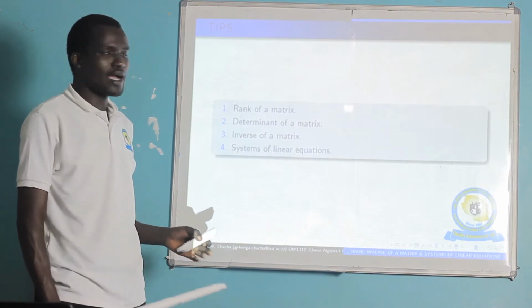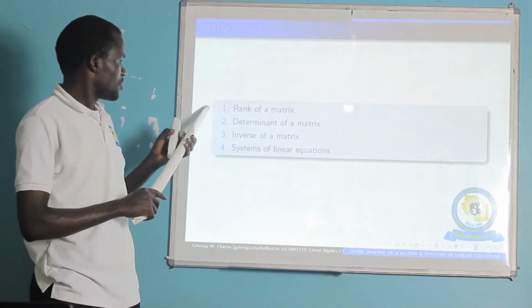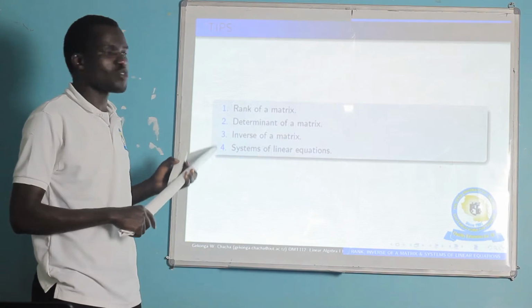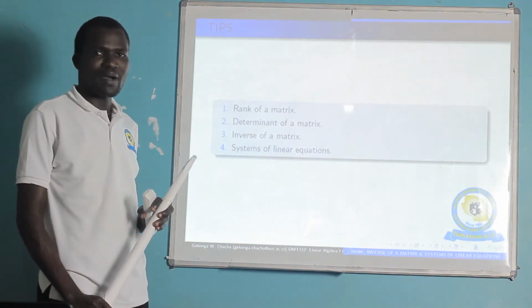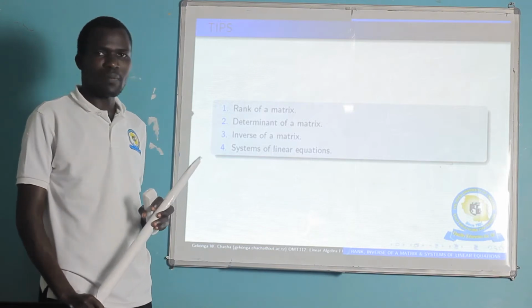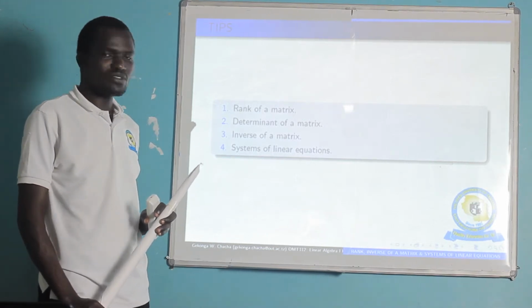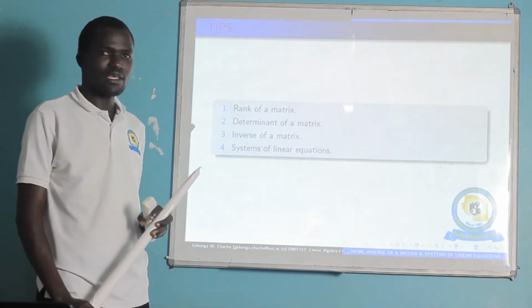So, we are going to see these four subtopics: rank of a matrix, determinant of a matrix, inverse of a matrix, and systems of linear equations.